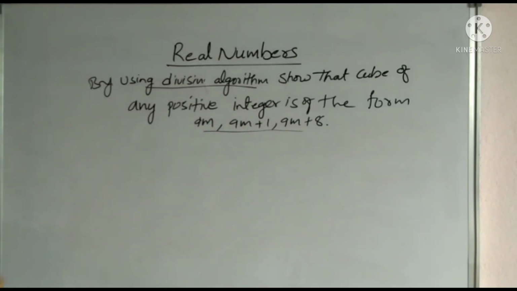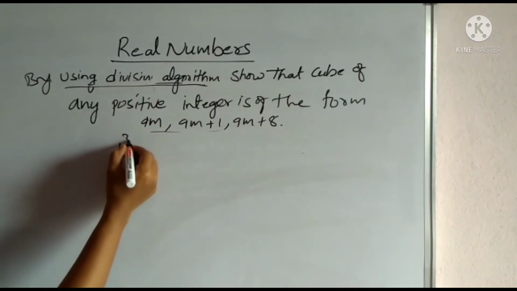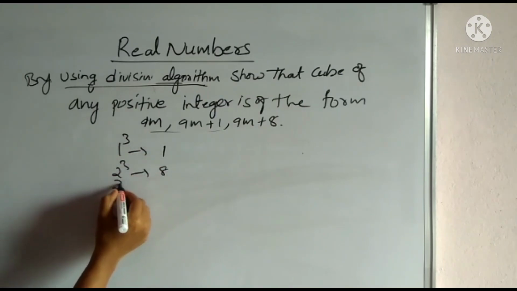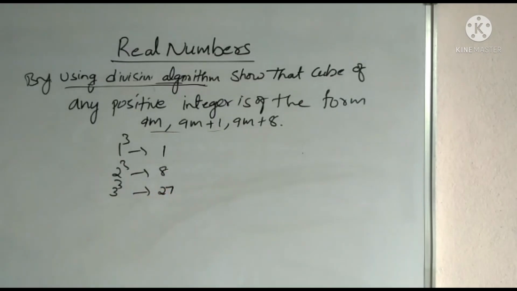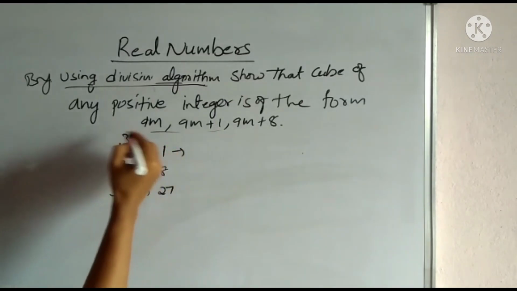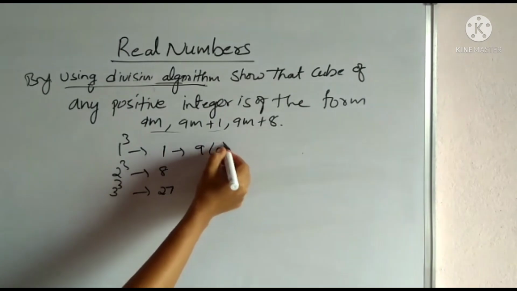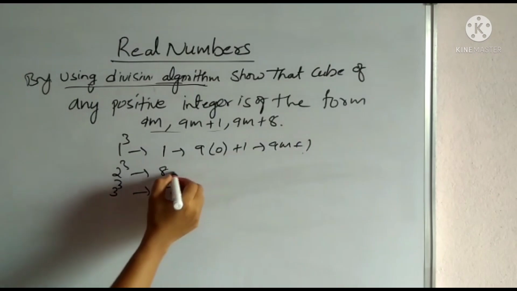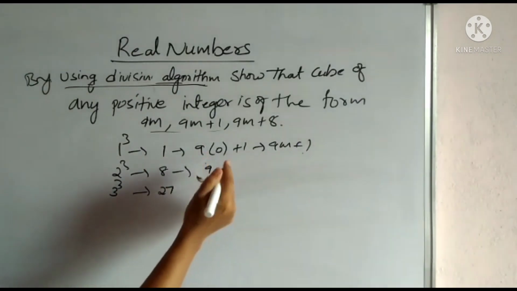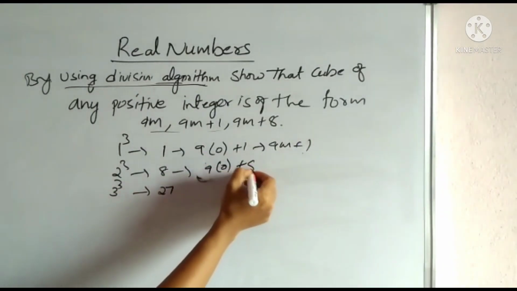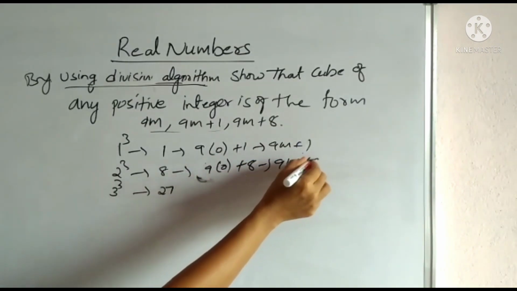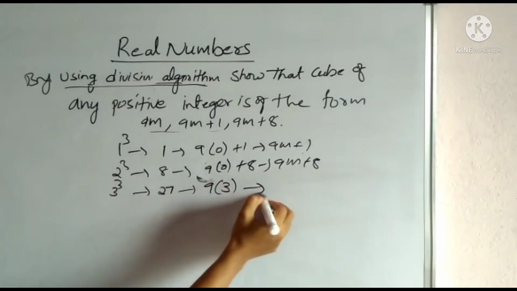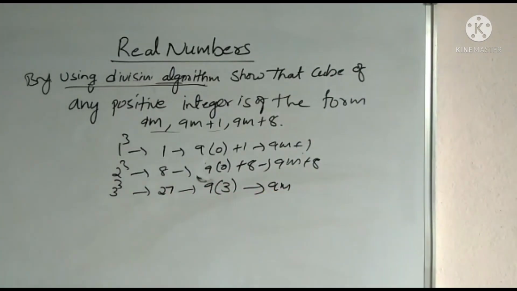So just to understand, we will see 1 cube is 1, 2 cube is 8 and 3 cube is 27. And how can we write this as 9 into 0 plus 1, that means 9m plus 1, right? And similarly 9 into 0 plus 8 means 9m plus 8, and here 9 into 3 is 27, which means 9m. So simple, right?